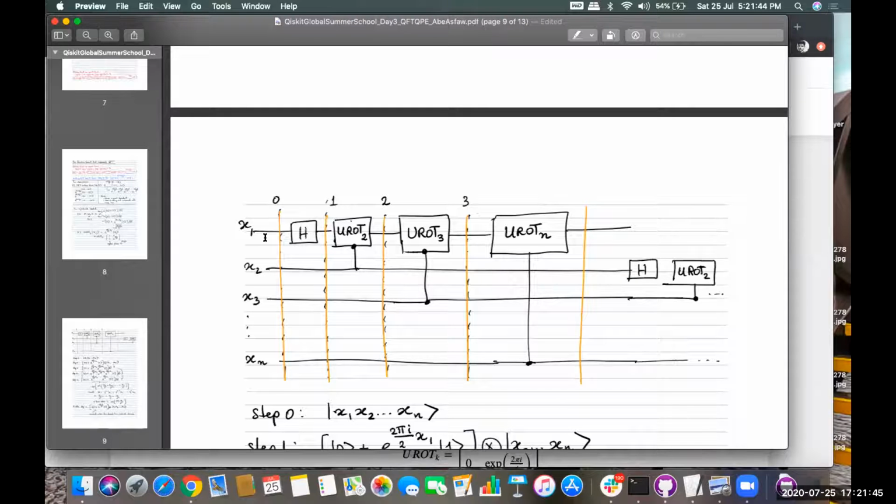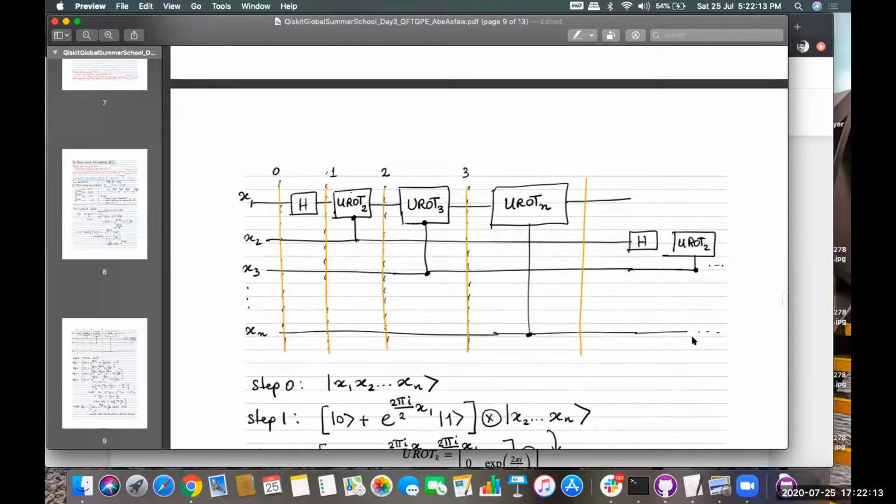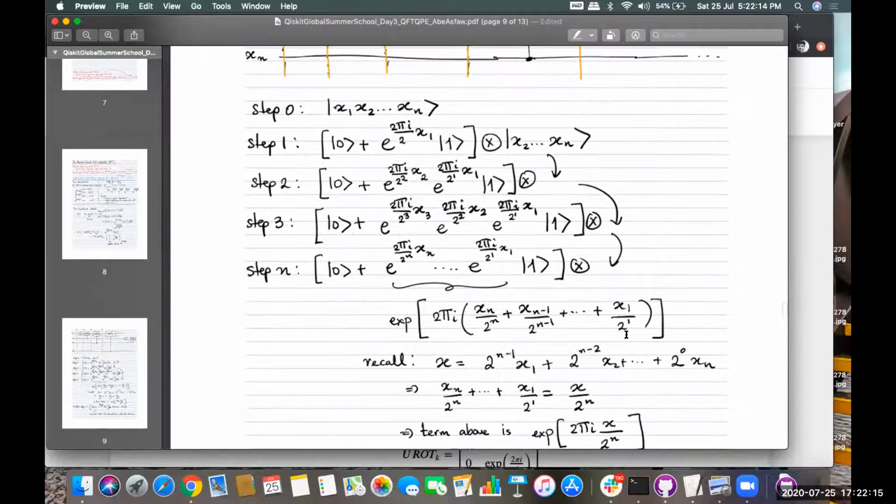So this is the whole calculation which is happening for the qubit x1, and the phase of this will be changed. Similarly, in the next step, we will be applying the same steps on x2 as well, starting with applying the Hadamard gate on x2, then applying the controlled unitary rotation gate on x3 from x2, and so on.